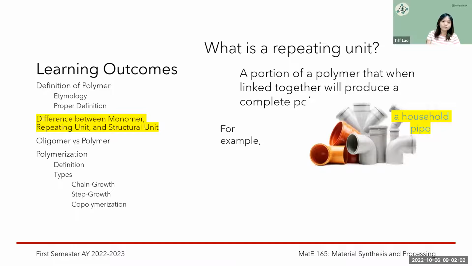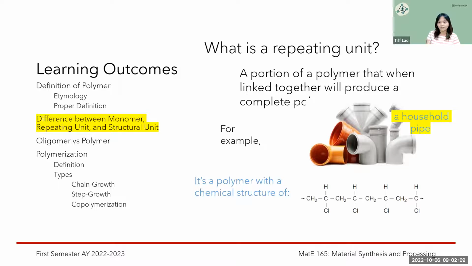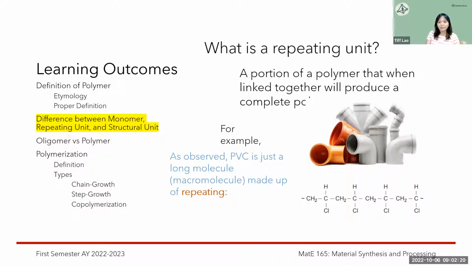The household pipe is a polymer with a structure like this. This polymer is called polyvinyl chloride or PVC. If you look at it, it's repetitive, right? The part that repeats is what we call the repeating unit. Okay?